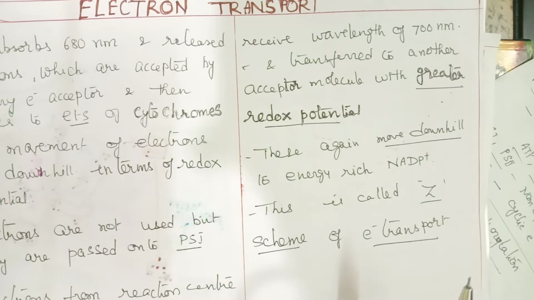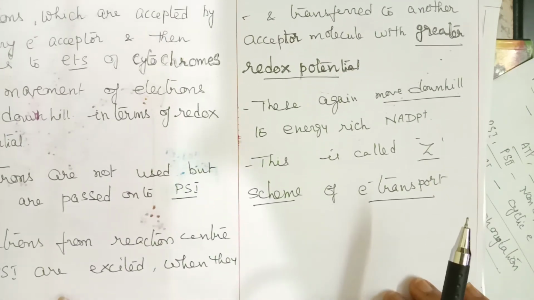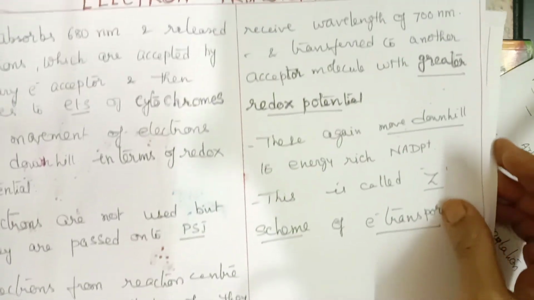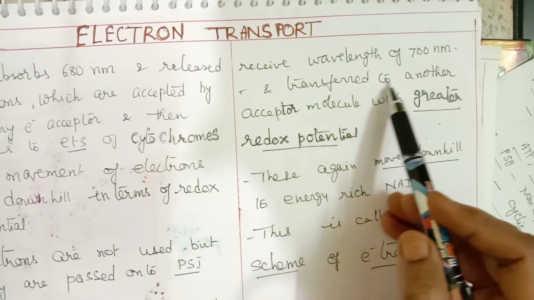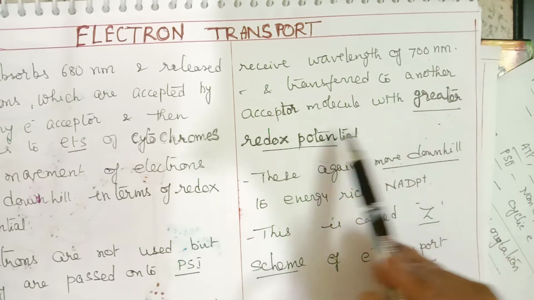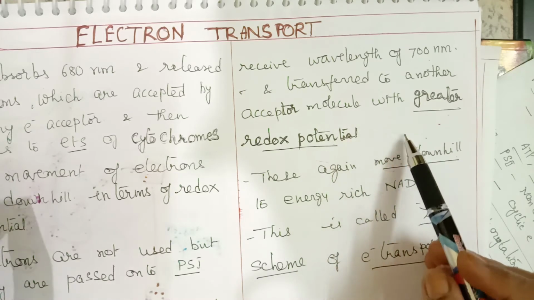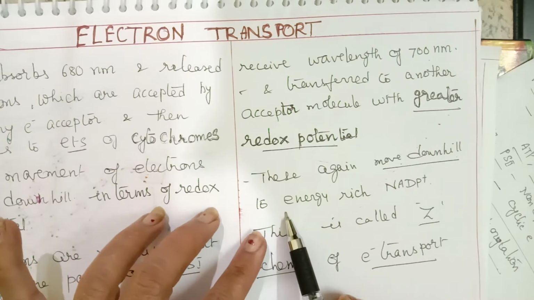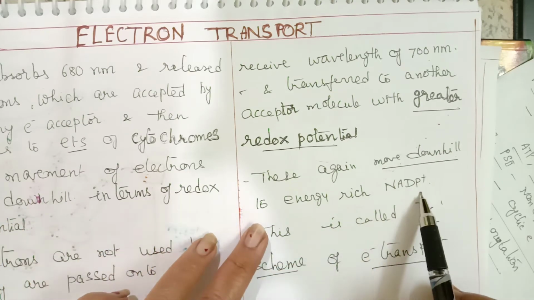For photosystem 1, the reaction center is P700. So they receive light of this wavelength, P700, and then get excited and transfer to another electron acceptor having a greater redox potential, and these again move downhill to energy-rich NADP+.